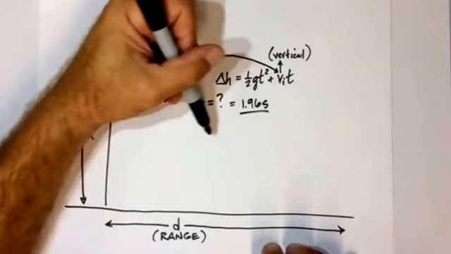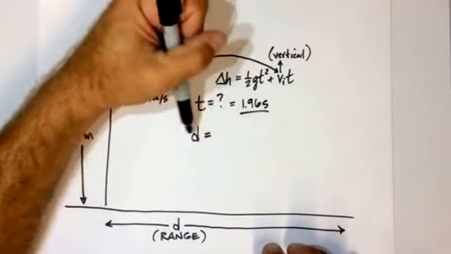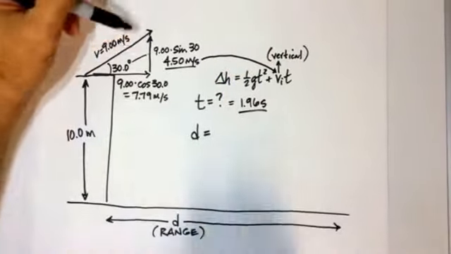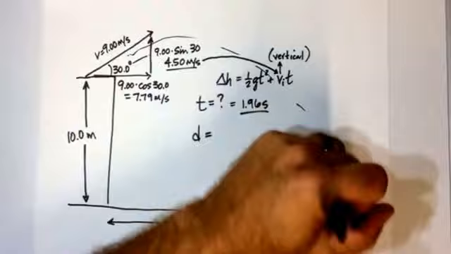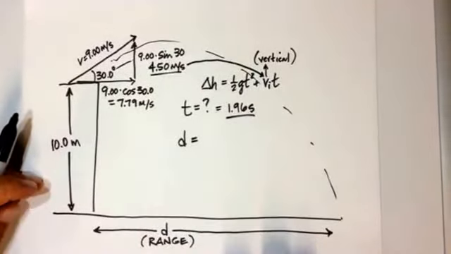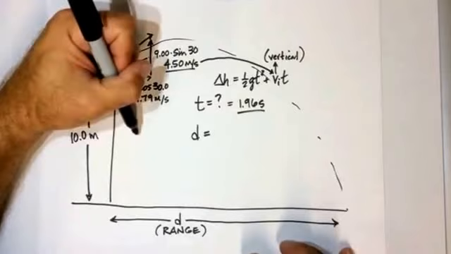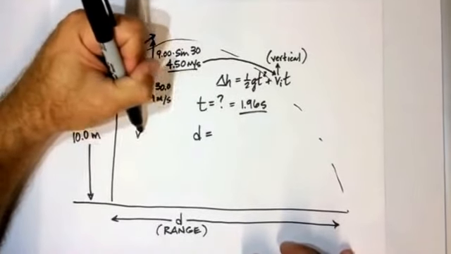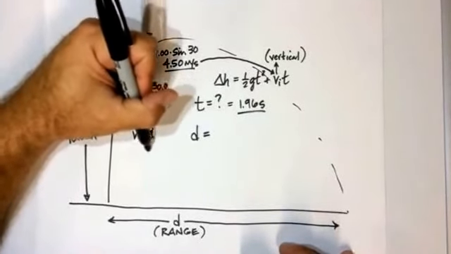Now the next question is, what is the range, the horizontal distance that it lands as it goes in its path? That can be found by using the simple formula: velocity is distance over time.